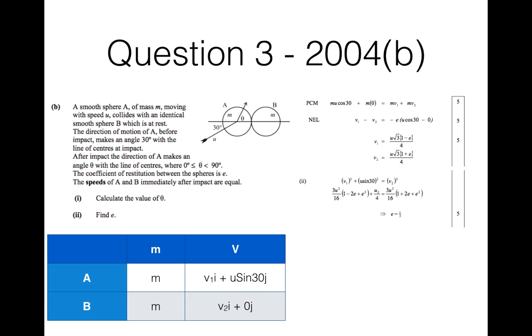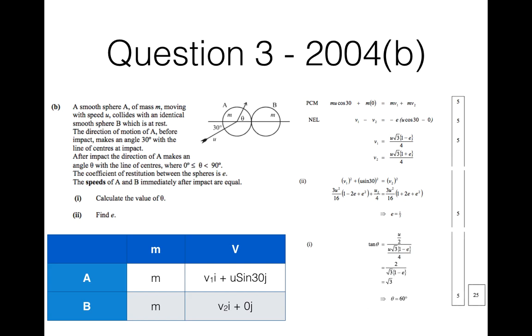Now we're looking to find the value for theta. So we know what v1 is, and if we sub in e is equal to a third, that simplifies the value. We know that u sin 30 is equal to u over 2, and then to get the value for theta, we can get tan theta, which is the j component over the i component. And then it's just a case of simplifying it.